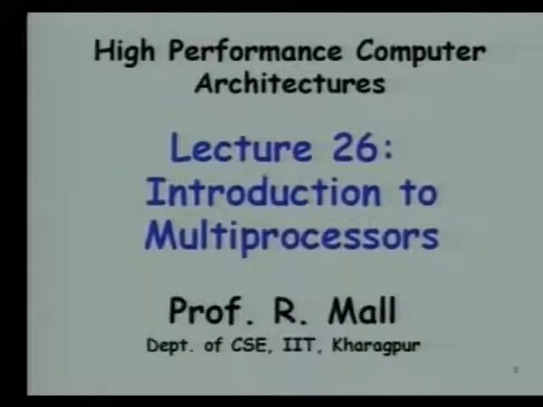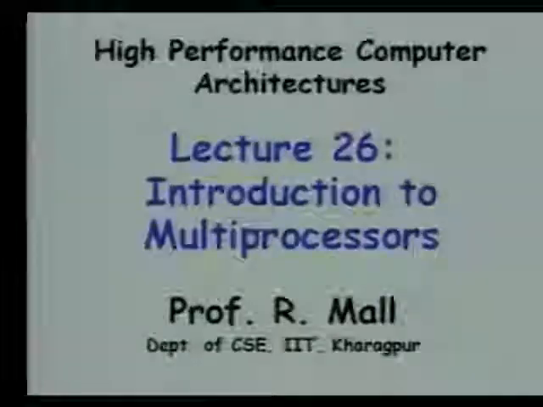Because as you might be aware, multiprocessors are being used in the desktops also. The dual core and quad core processors have been introduced, and the single core processors have been phased out. From now on, any machine you buy, whether a desktop or a server, is actually a multiprocessor. So, let us see why it was necessary to have multiprocessors, because it appeared that we were doing all right improving the performance of a single processor.